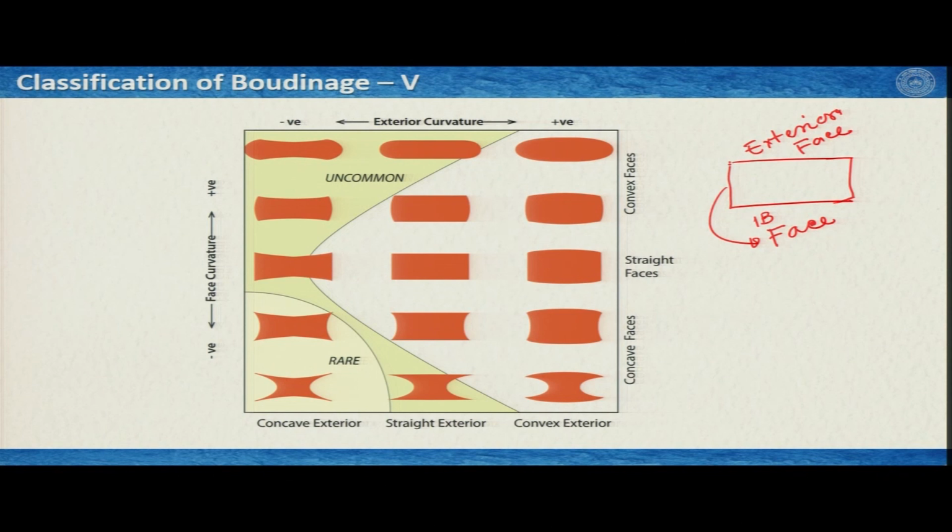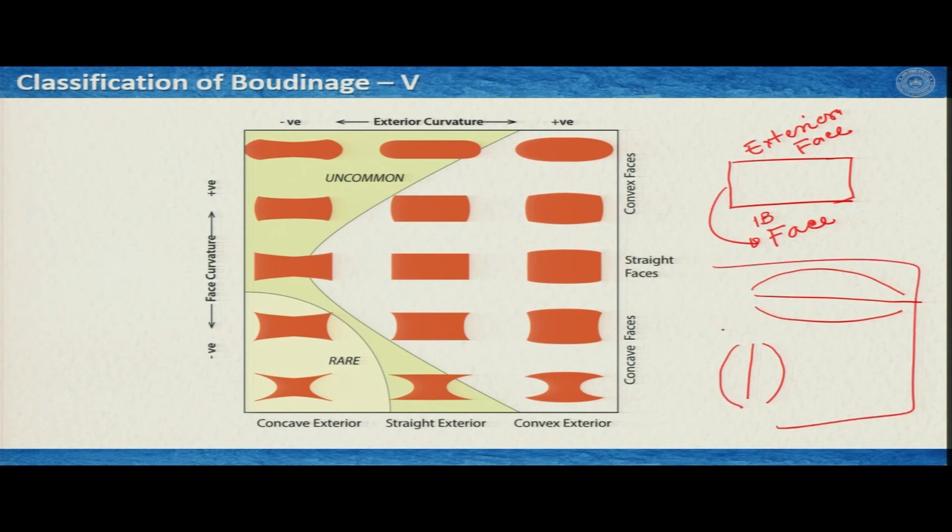Now, based on the curvature of these faces, whether it is like this or straight, whether the IB face or intra-Boudinage face is straight or like this or like this, based on this it is possible to classify the Boudins in a different way based on their exterior curvature and face curvature.